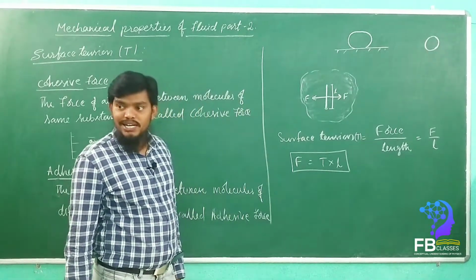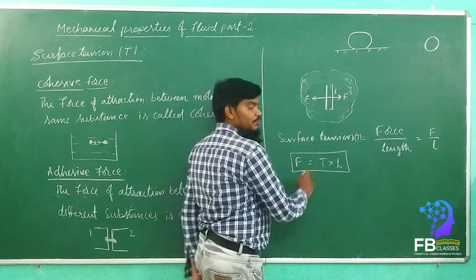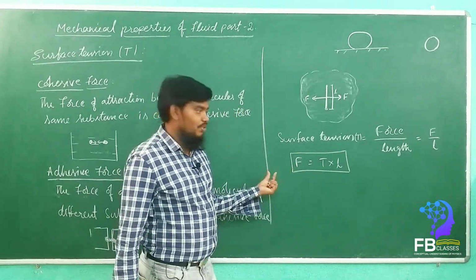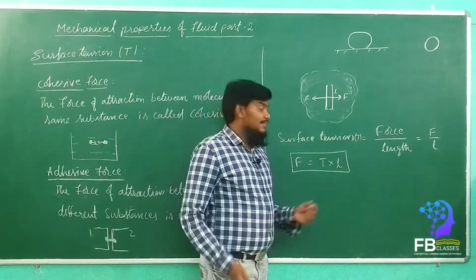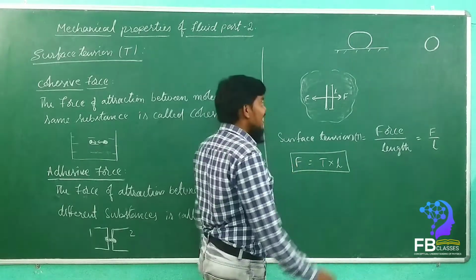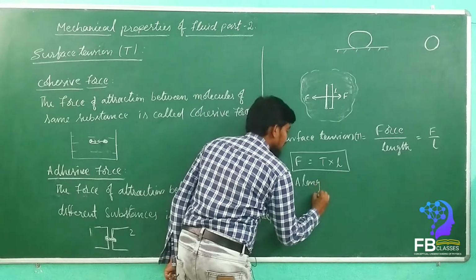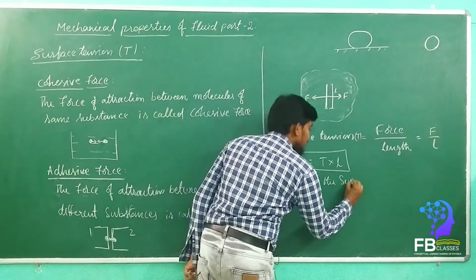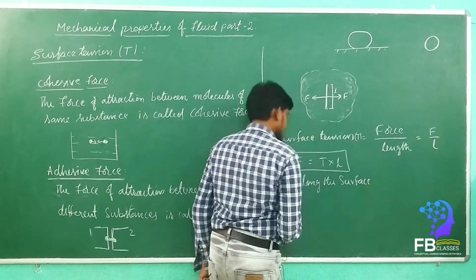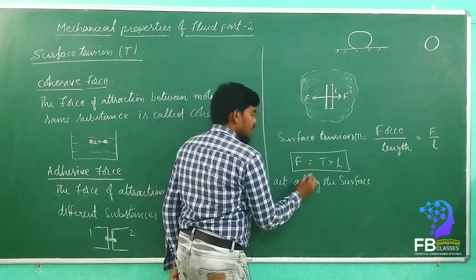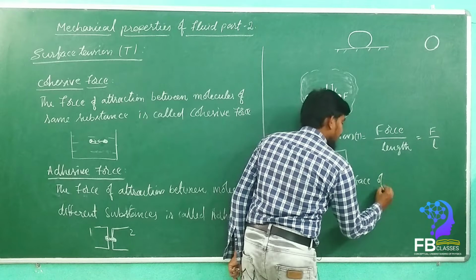Now the force is a vector quantity, right? So this is the magnitude: F is equal to T into L. Now what is the direction? The direction of the force acts along the surface of a liquid.